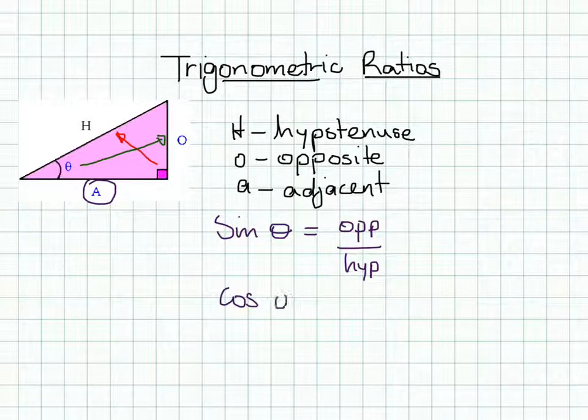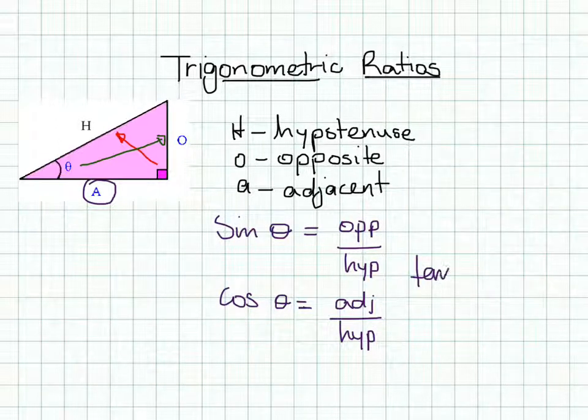Cosine theta is the adjacent side divided by the hypotenuse side. And last of all, tan theta, or tangent, is equal to the opposite side divided by the adjacent side.